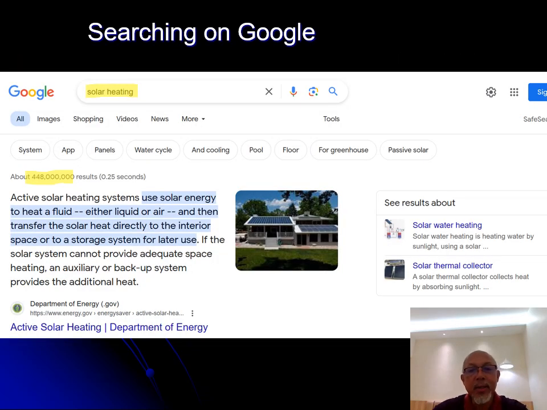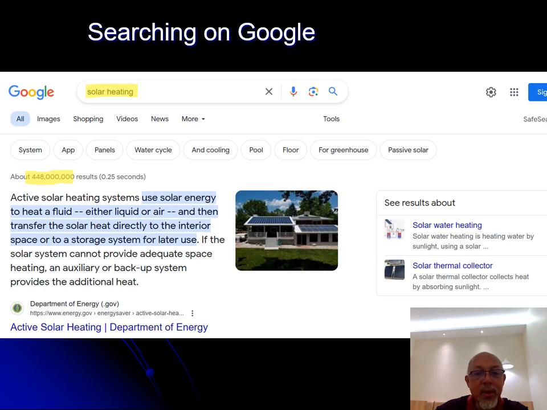In that slide, we are looking at a search on Google using the term solar heating. If we put solar heating without any Boolean operator or any other marking, then we get 448 million results in 0.25 seconds.